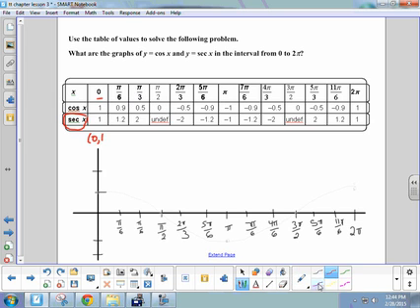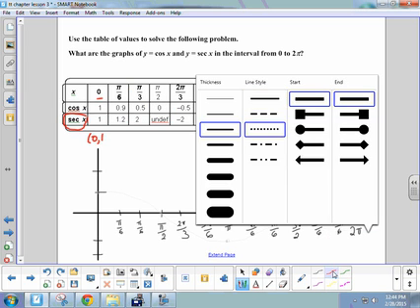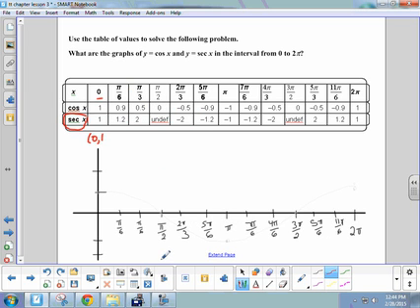So when I do the asymptote, I'm just going to do it in a dotted line. Imagine that's a straight line. And if you notice, I'm going to have an asymptote every time that cosine graph crosses the x-axis. So I'm going to have two asymptotes right there.